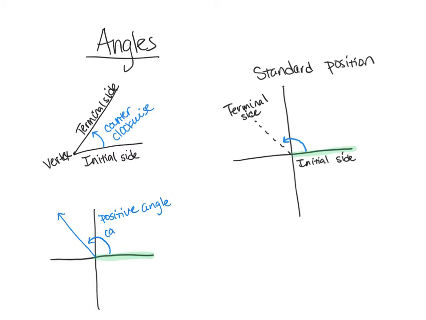And that's when we move counterclockwise. And when we have something going the other direction, we're moving this way from our initial side, clockwise, that's going to be a negative angle. So if we're dealing with negative angles, it just means that we're going the other way around.